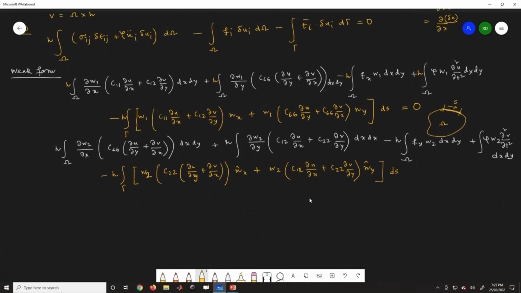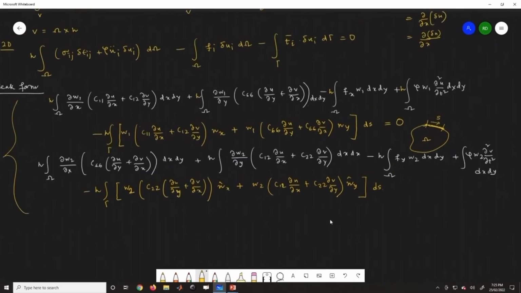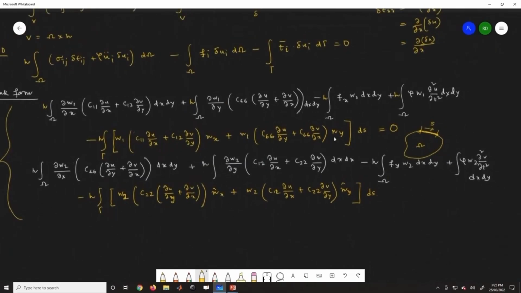Now this is the total weak form. This is the first weak form and this is the second weak form. These two weak forms essentially make a bilinear form, and the bilinear form is a vector quantity. If I combine this, this part is my bilinear form.